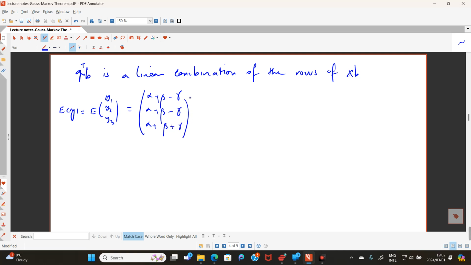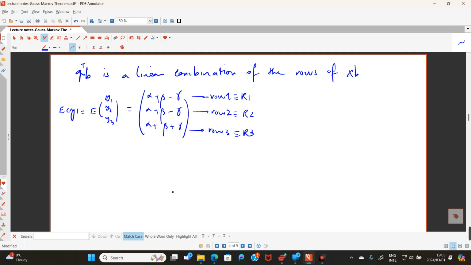For a moment, I use the abbreviation R1 for row 1, R2 for row 2, and R3 for row 3. I want to construct the condition.